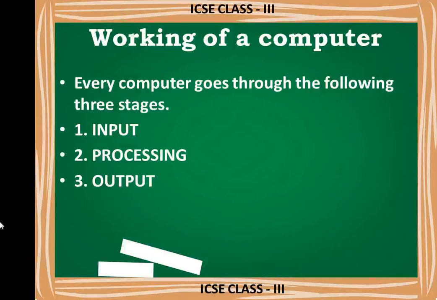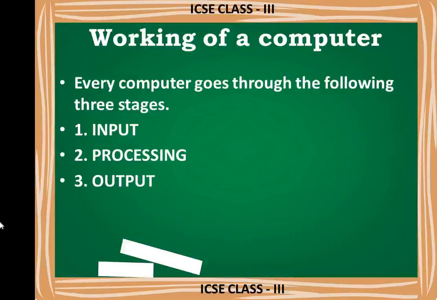Here is one more example. If you want to prepare tea, what is the input, what is the process and what is the output? For making tea we need water, tea leaves, milk and sugar. These are all input, the raw materials required to prepare tea.